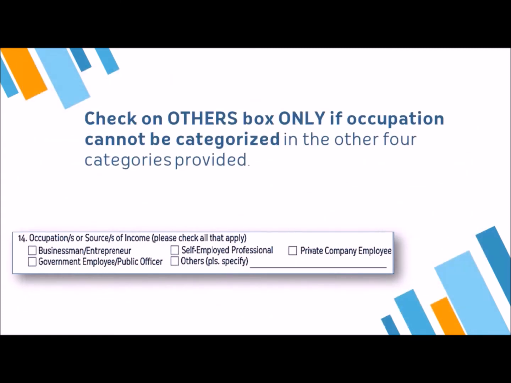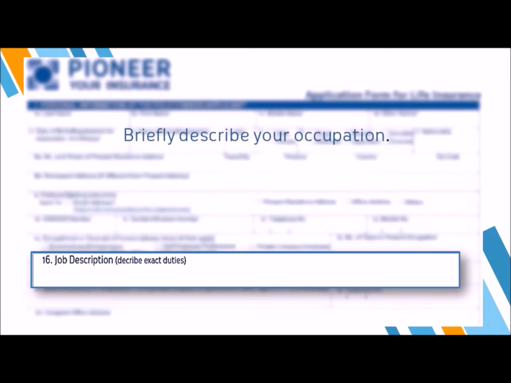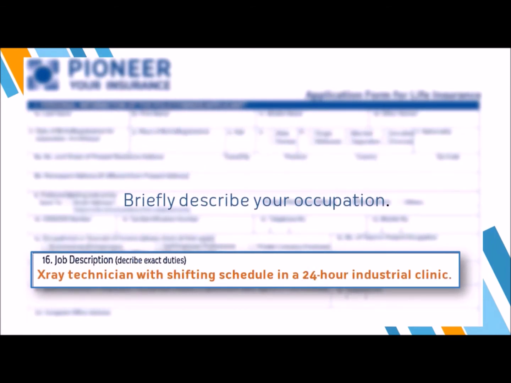Check on Others box on item number 14, only if occupation cannot be categorized in the other 4 categories provided. The job description information requires that you briefly describe your occupation.